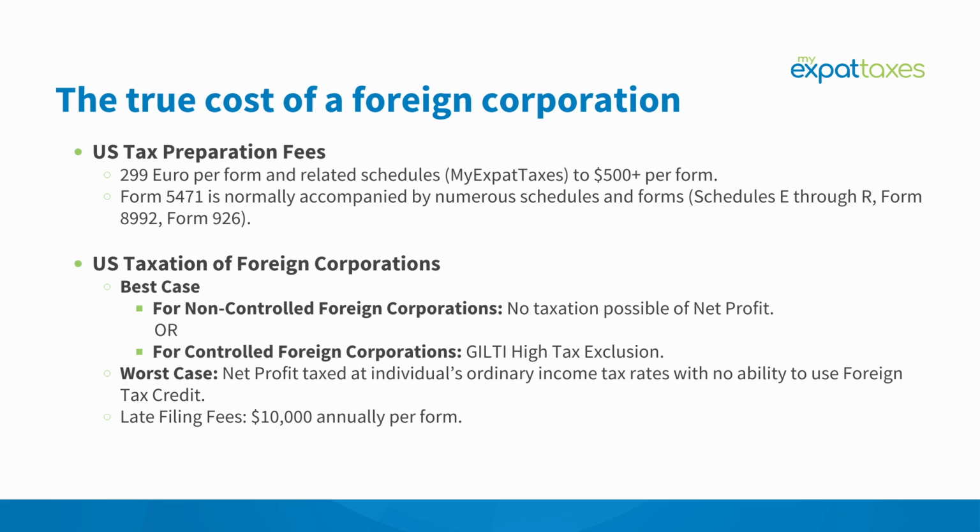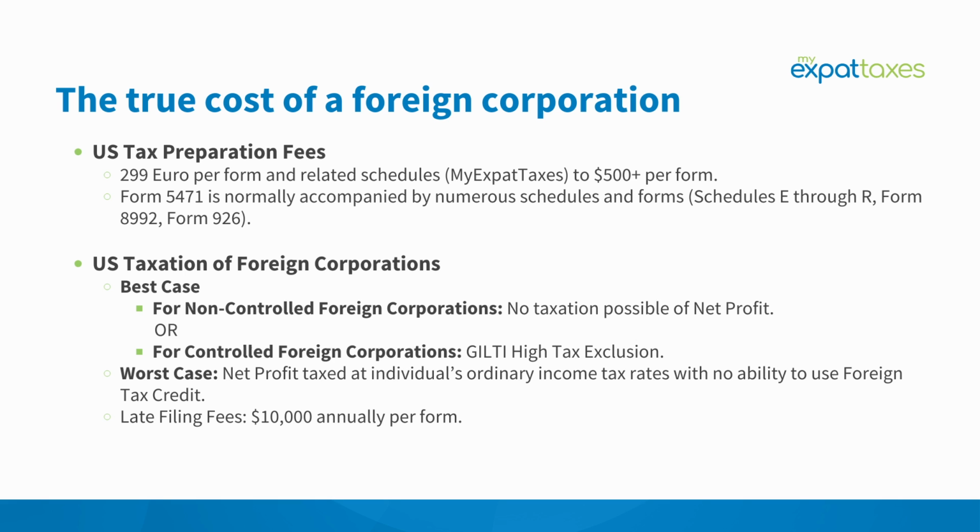What that means is your net profit, so income that has not been distributed as salary or dividends, the net profit of your company per year, with no ability to carry over losses or take deductions from losses of prior years, is taxed at ordinary income tax rates on your tax return with no ability to use your personal foreign tax credit. You might be able to use corporate foreign tax credits. That gets a lot more complex, but generally the worst case is you will see your net profit transferred as other income on your US tax return and taxed at full ordinary income tax rates.